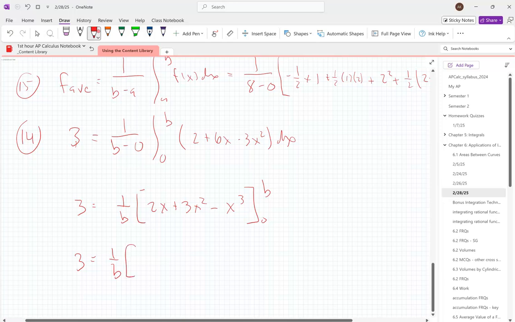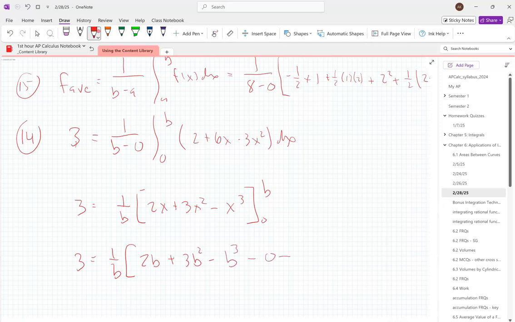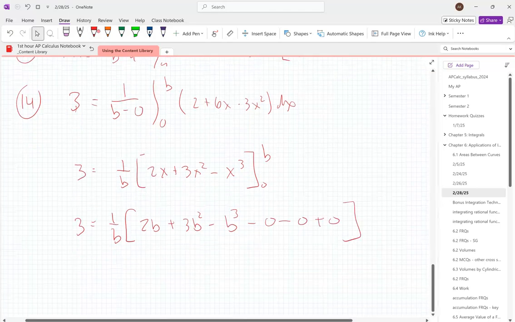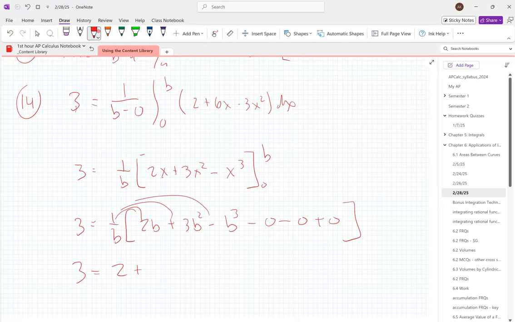So I have 1 over b times 2b plus 3b squared minus b cubed minus 0 plus 0. So I distribute the 1 over b through. So 3 equals 2 plus 3b minus b squared.